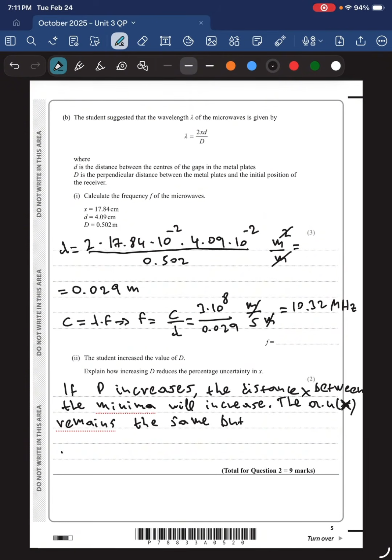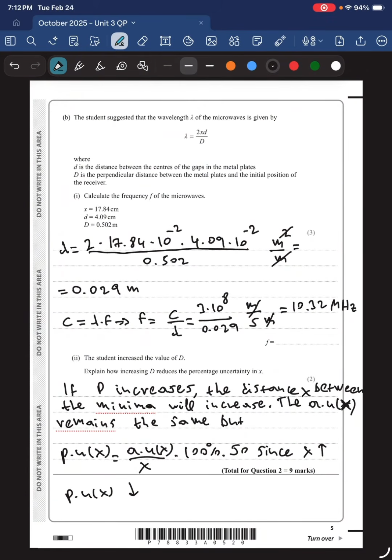But the percentage uncertainty in x is equal to the absolute uncertainty in x over x times 100%. So since x increases, the percentage uncertainty in x decreases, and that's the answer. Okay.